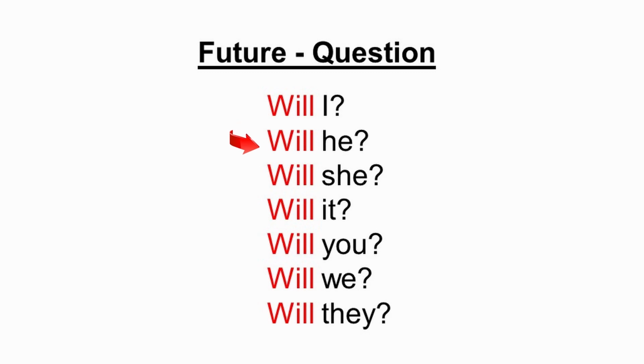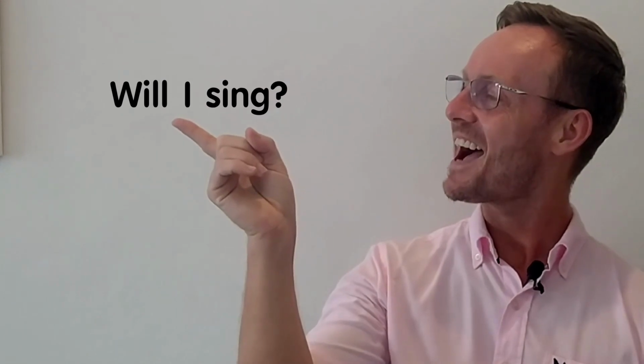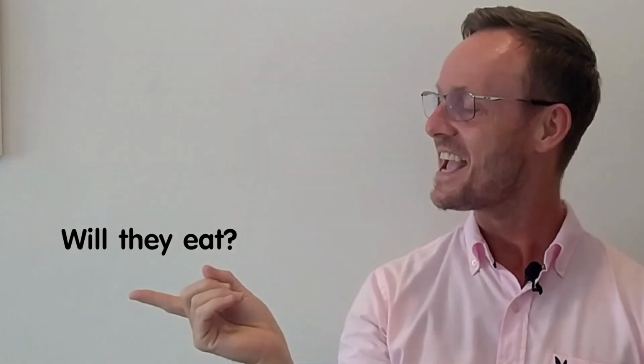Will he? Will she? Will it? Will you? Will we? Will they? And here are some examples. Will I sing? Will they eat? Will we talk?